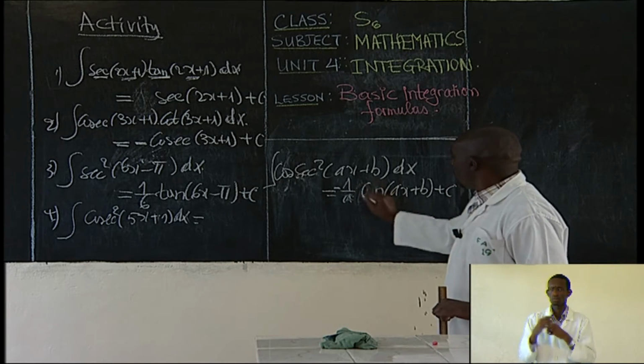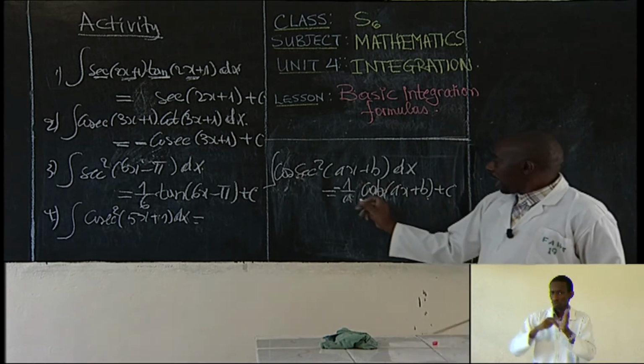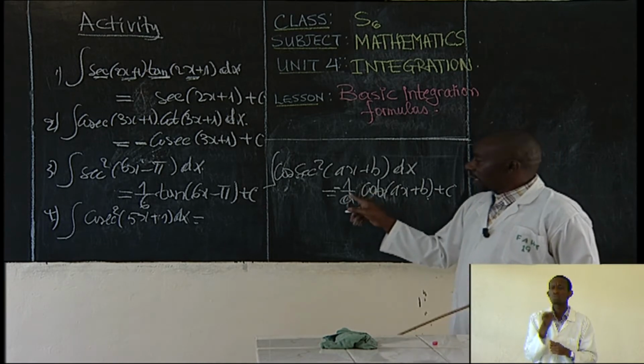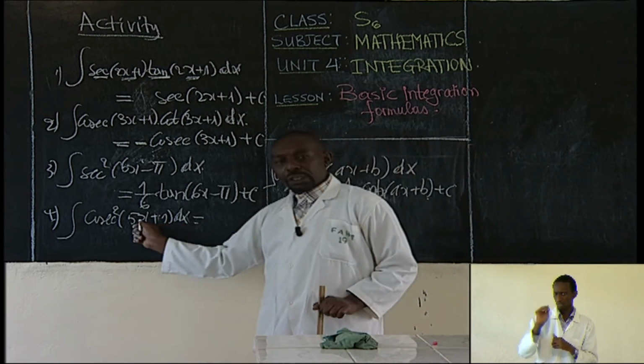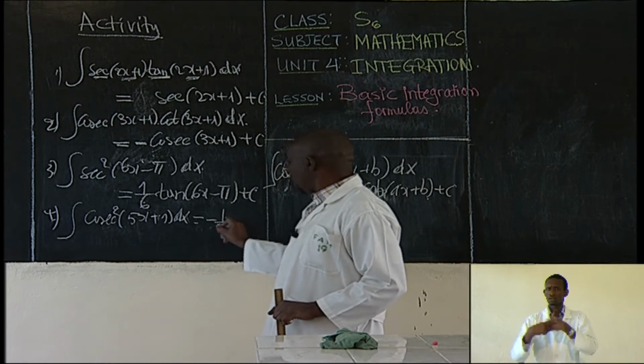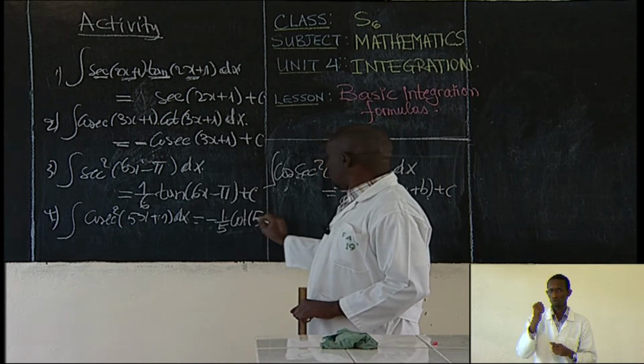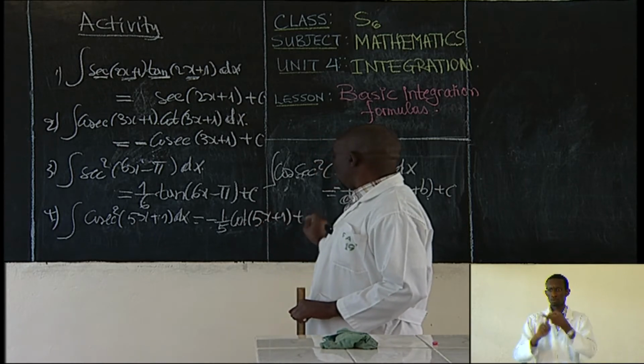And this will be cotan x. Means that for me, I need the value of a, and a is the coefficient of x, 5. Means that this is equal to negative 1 over 5, right? Cotan of 5x plus 1, then plus c.